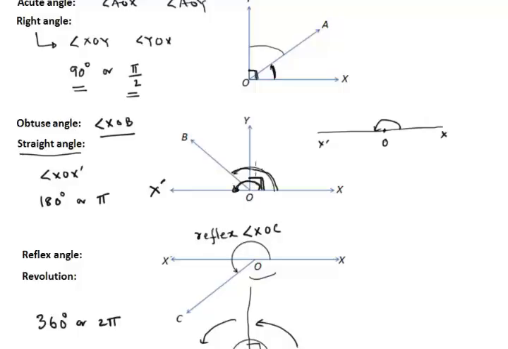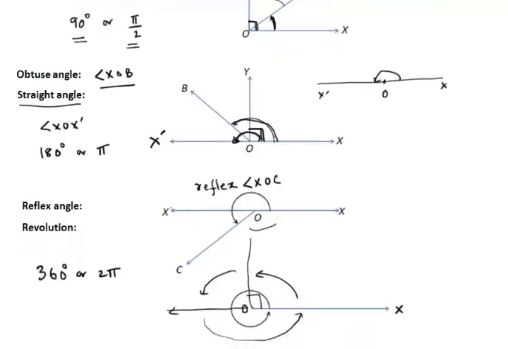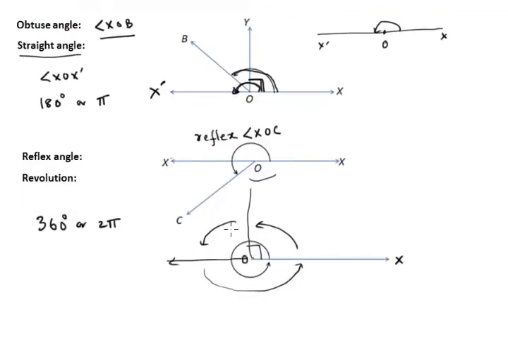Any angle greater than 90 degrees but less than 180 degrees is an obtuse angle. When a line segment makes a complete revolution, its value is 360 degrees or 2 pi. Any angle greater than 180 degrees but less than a complete revolution is called a reflex angle, and to show it we write reflex and then the name of the angle, XOC.